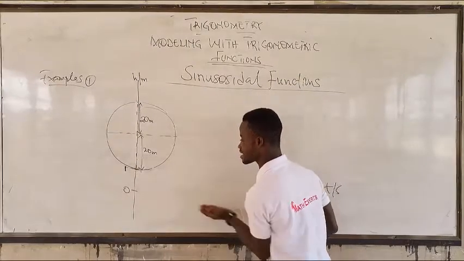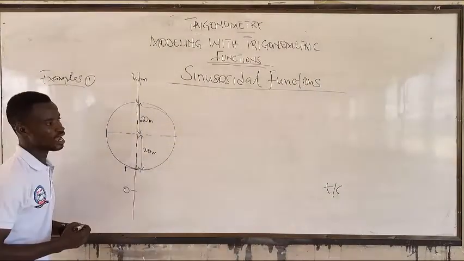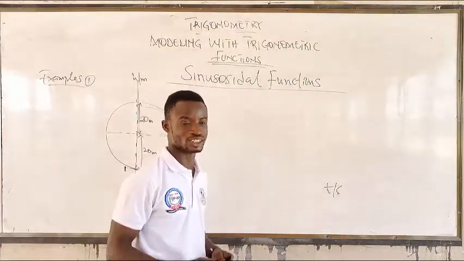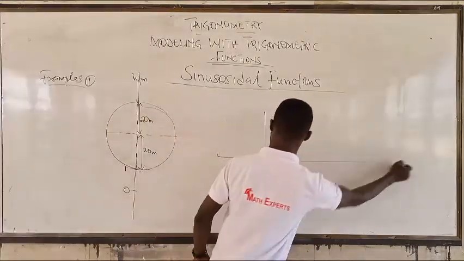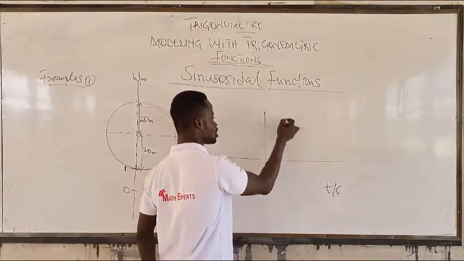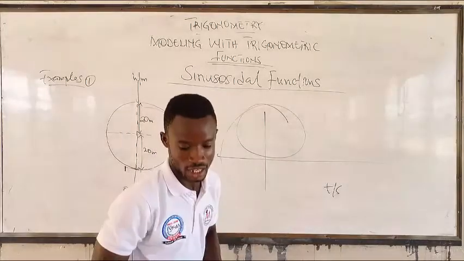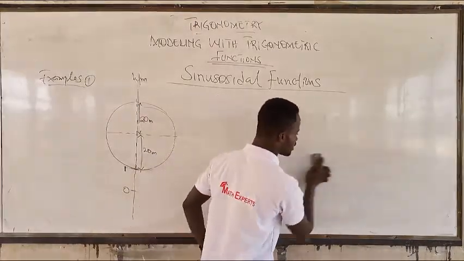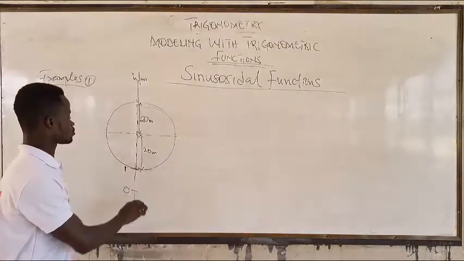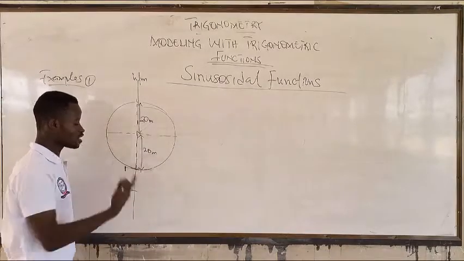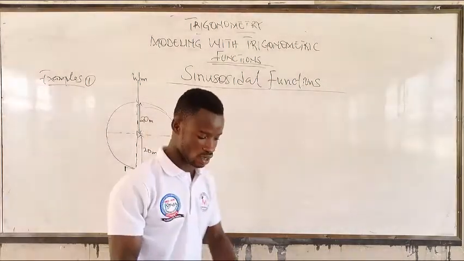So if this is the ground, that's why before you approach a modeling question, don't just start by sketching your x-axis and y-axis and drawing your Ferris wheel in any way. You have to take your time, read the question, sketch the Ferris wheel, locate the radius, and now everything will come by itself.